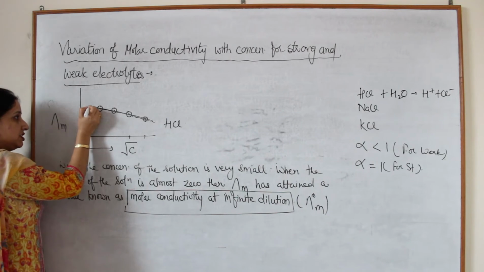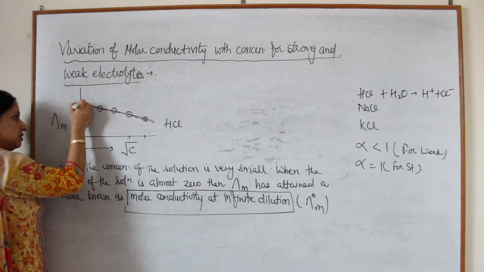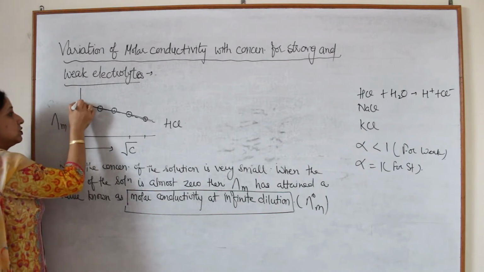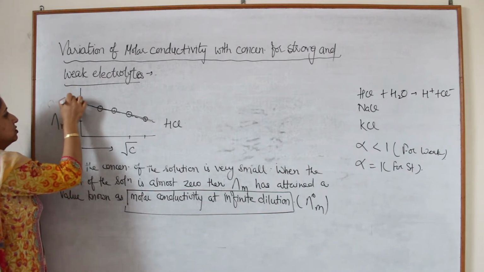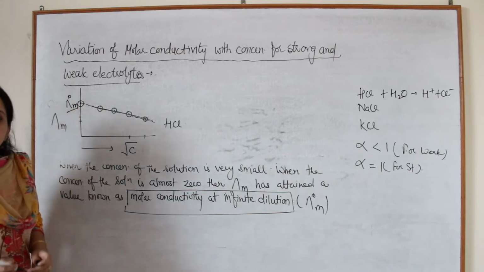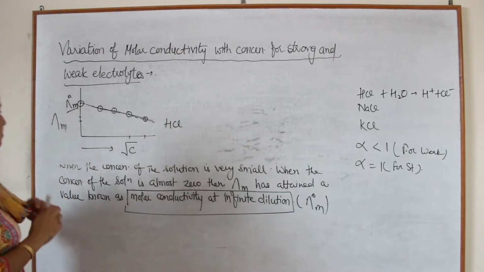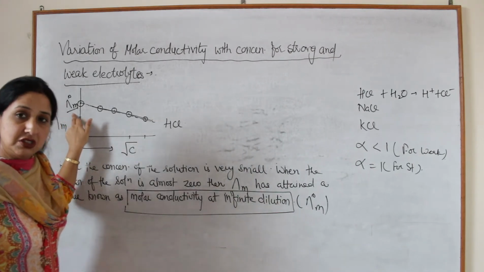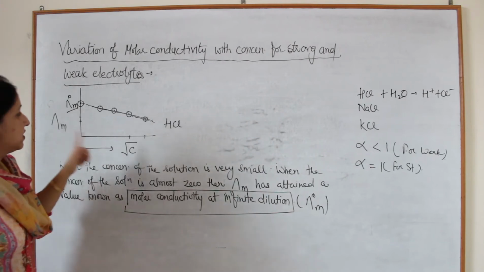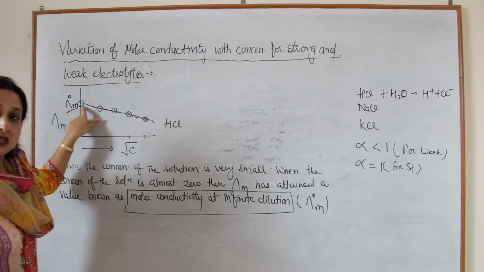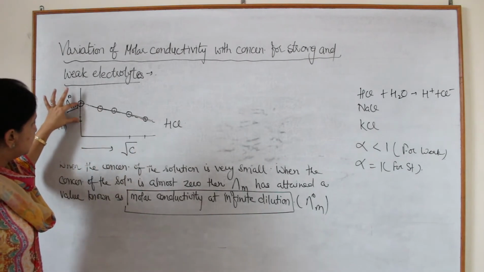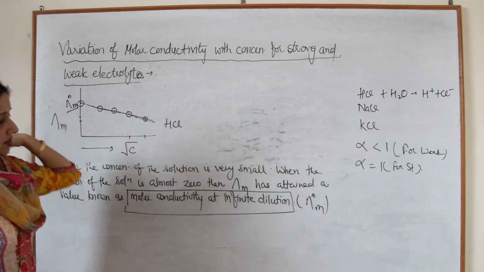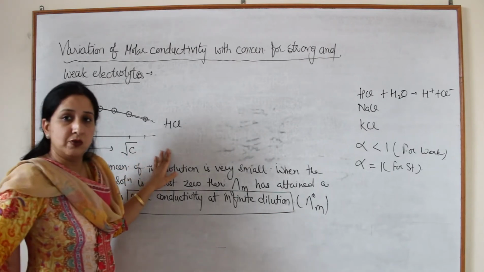At this particular point concentration is zero, so this value is known as lambda naught m, means molar conductivity at infinite dilution. Infinite dilution means when the concentration is zero, so this variation is very small as compared to the change in concentration.